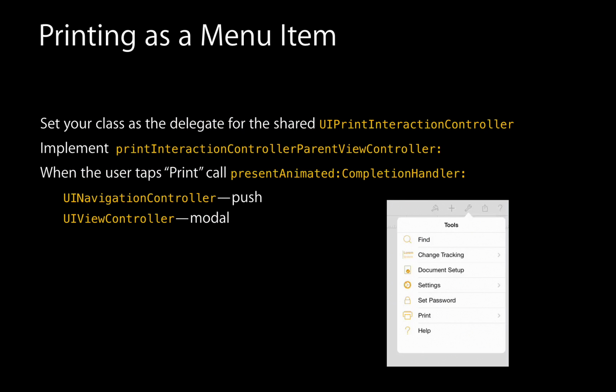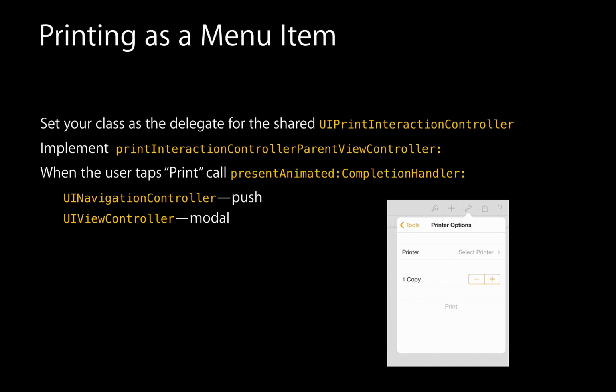So now printing as a menu item, if you want to embed the printing UI in your own UI, like in this case Pages, where you select the print button and it slides over and gets pushed into a nav controller, you'll set your class as a delegate for the shared UIPrintInteractionController. You'll implement printInteractionControllerParentViewController. So you'll tell the print interaction controller which view controller should be its parent.